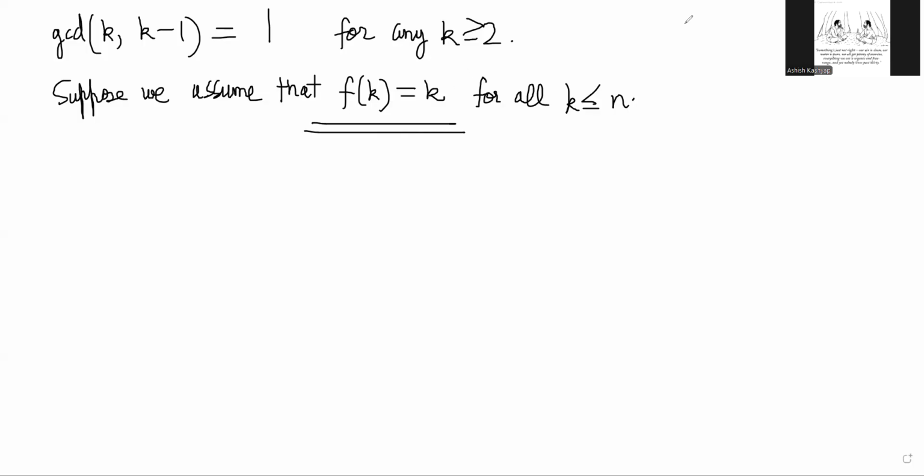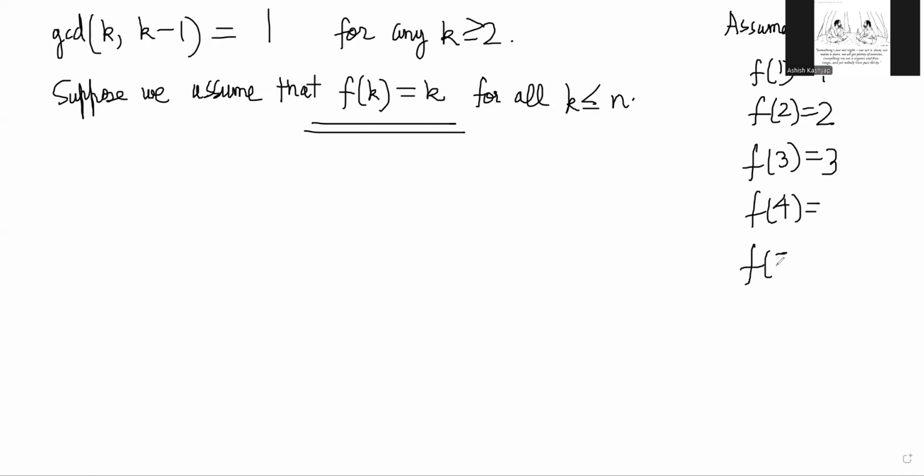We have already assumed f of 3 is 3. And now we have this much information. f of 1 is 1, f of 2 is 2, f of 3 is 3, f of 4 and f of 5 are 4 and 5, and f of 6 is 6.